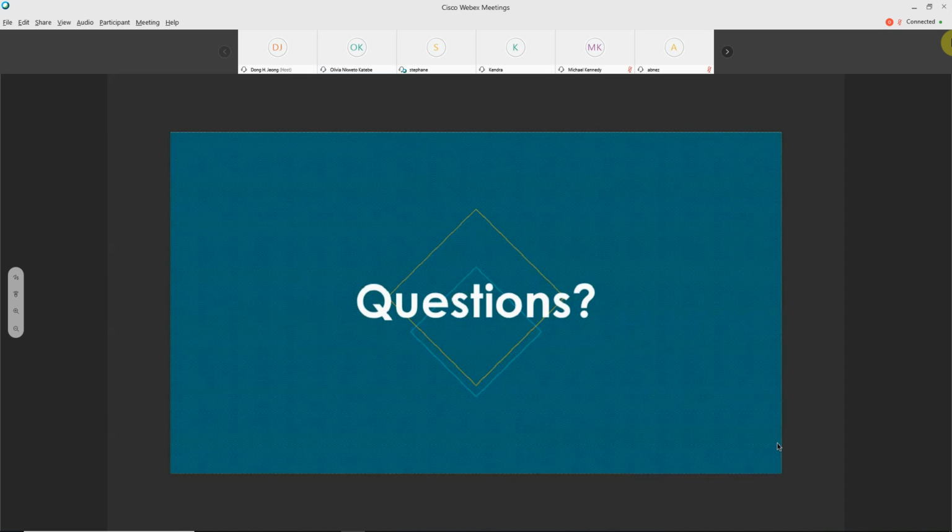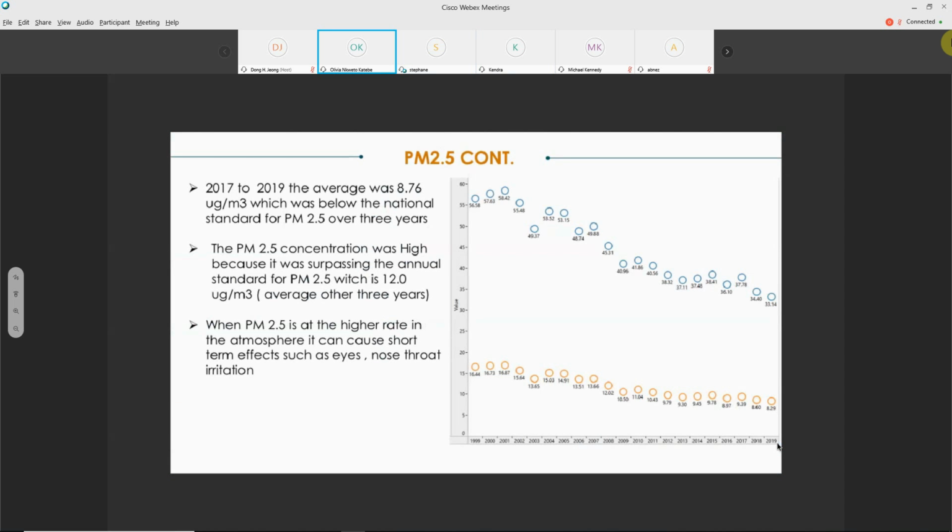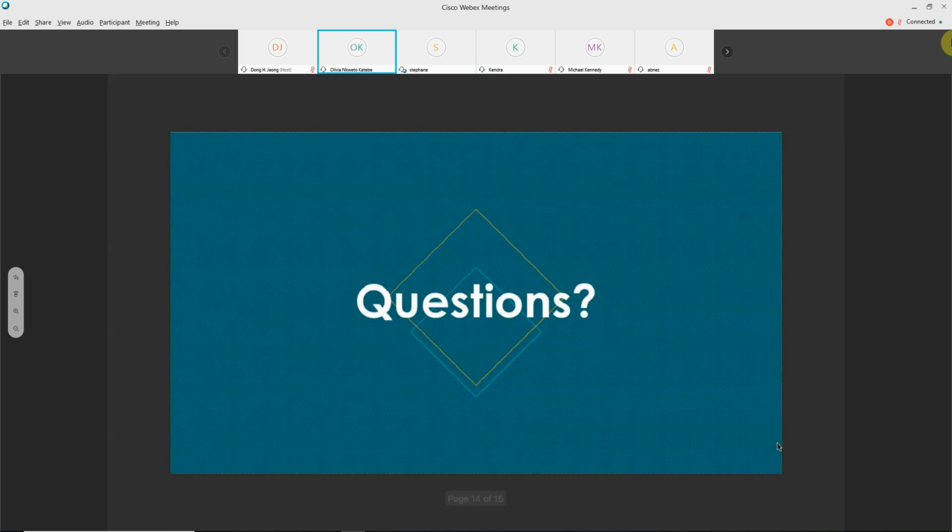Did you guys explain what PM was? I might have missed it. It's particulate matter. And it's just that one is 2.5 and the other one is 10 because they have different sizes, but they're actually small particles which have different sizes. So it's actually the same particle, but of different sizes.